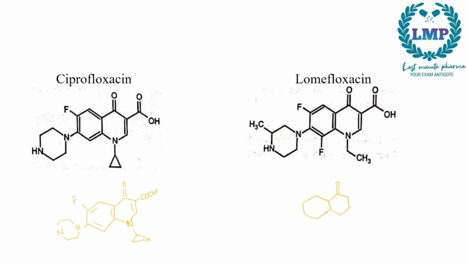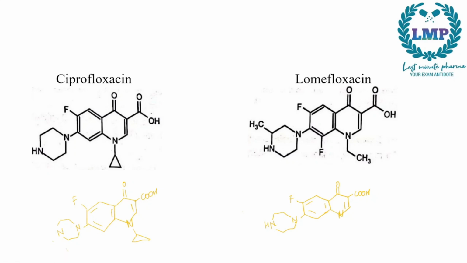Double bond O, a nitrogen right here, the double bonds in the rings, then we give the COOH, then here we will give the fluorine group, then the piperazine right here, and then hydrogen here to make up the valency.